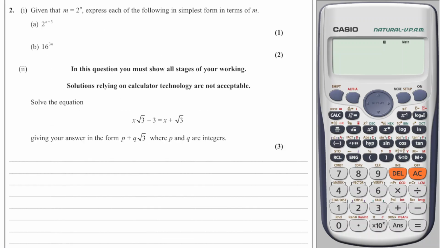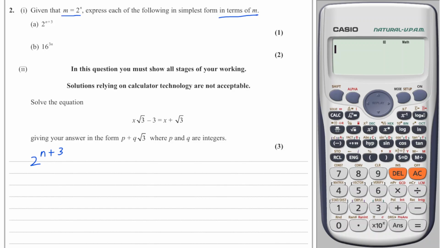Second question, it is based on indices. If you look at this line, they mention given that m is equal to 2 power n, but in this question they mentioned 2 power n plus 3. So we need to write it in terms of m.